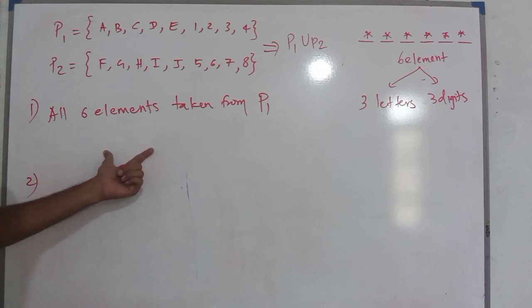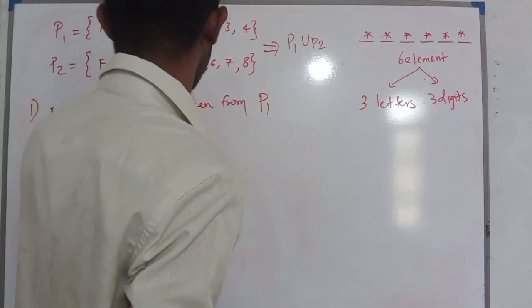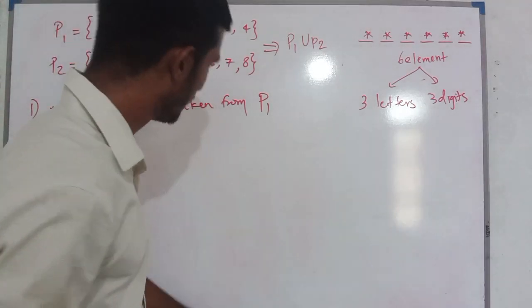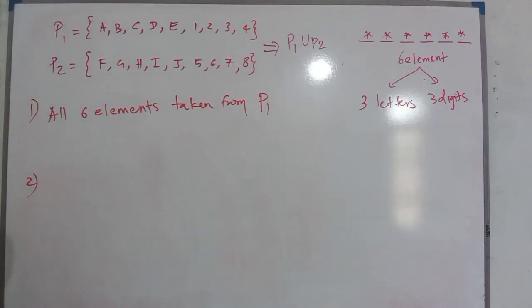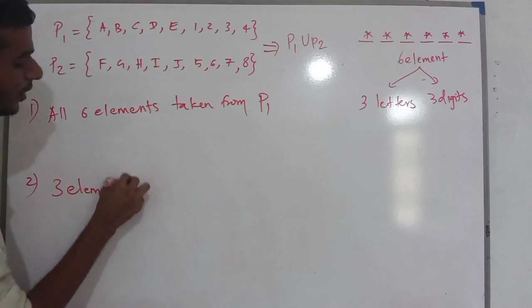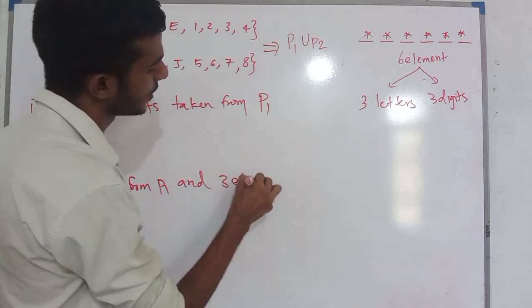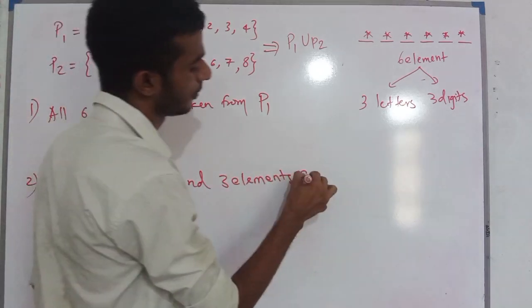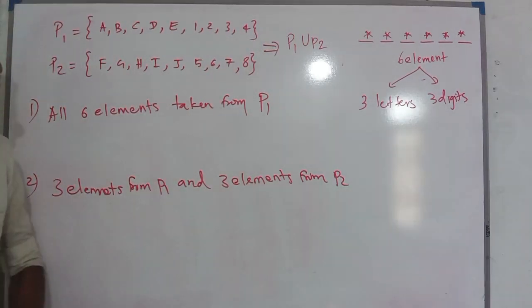So they are asking about combinations, because here order doesn't matter. Now second one, three elements are chosen from P1 and three elements from P2. Now this is the question, right?